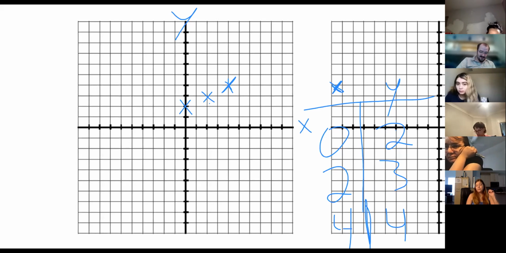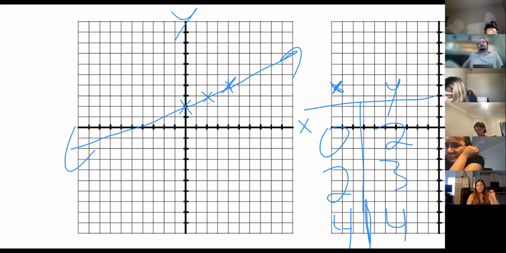We have 3 points. Do you think you can draw a graph from those 3 points? Hopefully, we can get a graph. Questions about this?